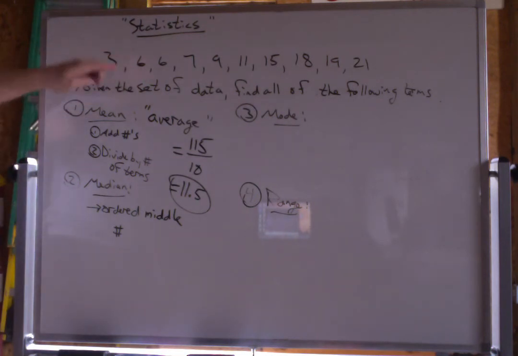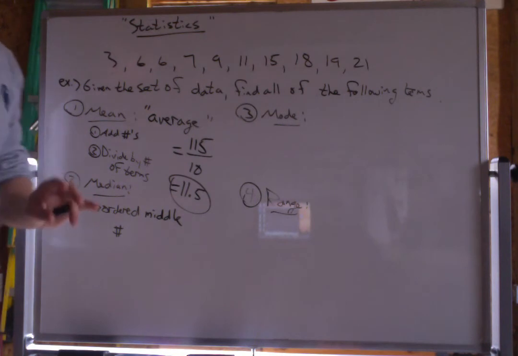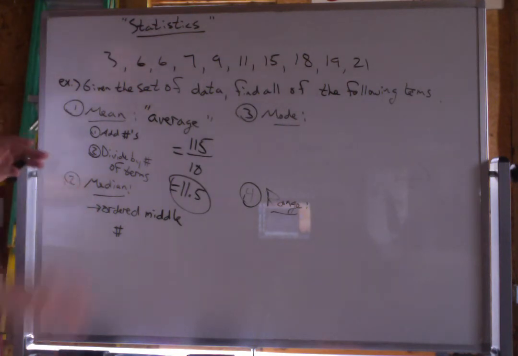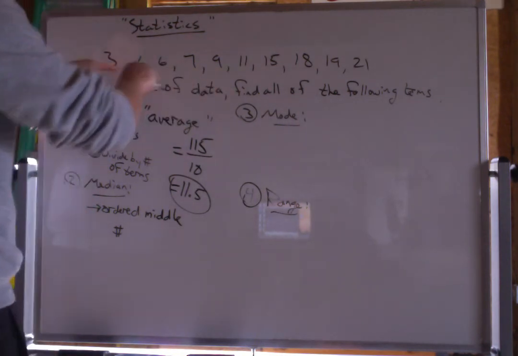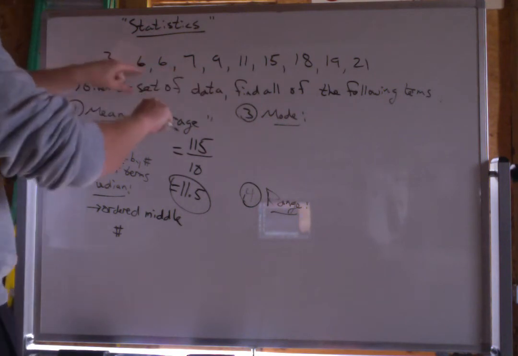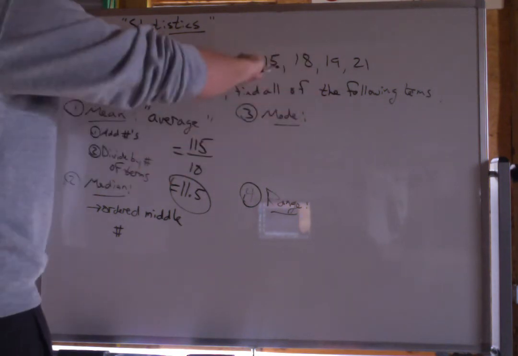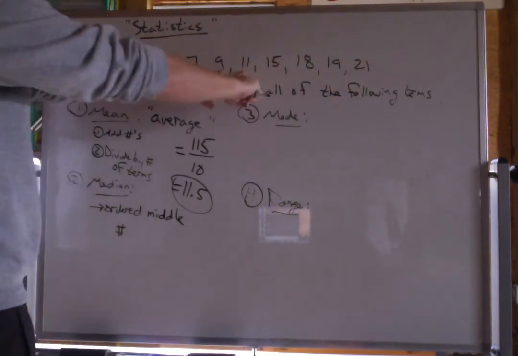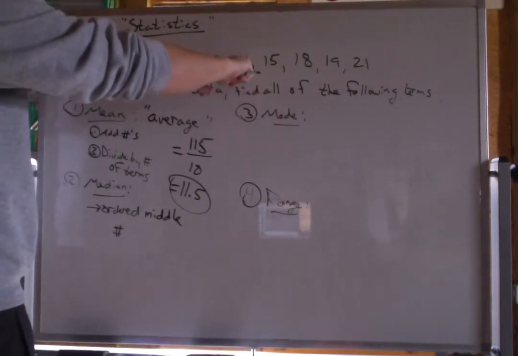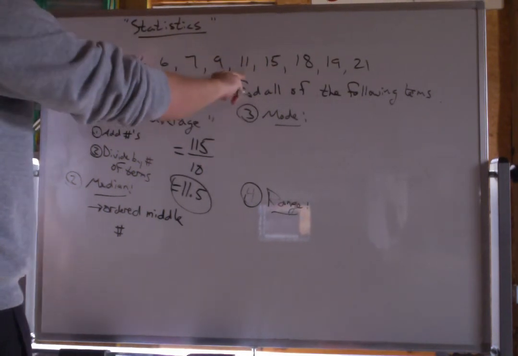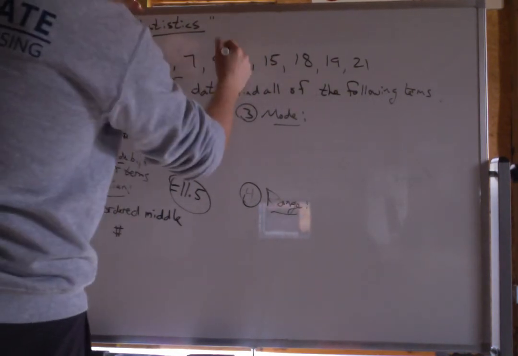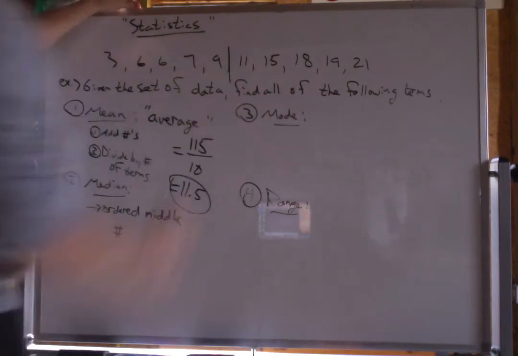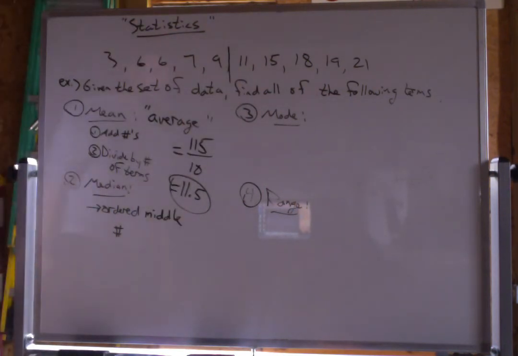If there are 10 numbers, an even number of terms, there are going to be 5 numbers on either side. 1, 2, 3, 4, 5. 1, 2, 3, 4, 5. If there are an even number of numbers, I must go halfway between these two. I like to draw this line here to think, all right, I have to go in the middle of those.